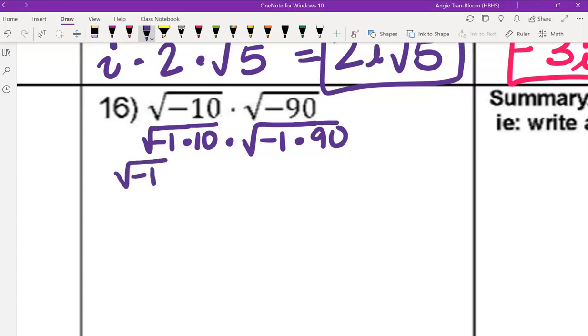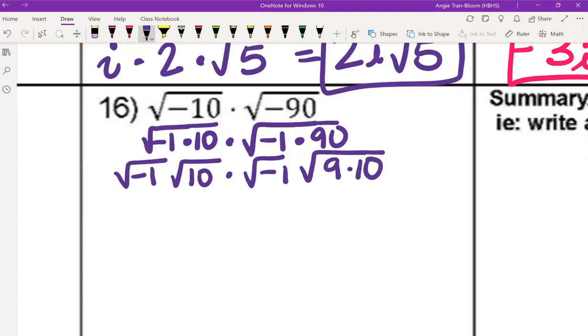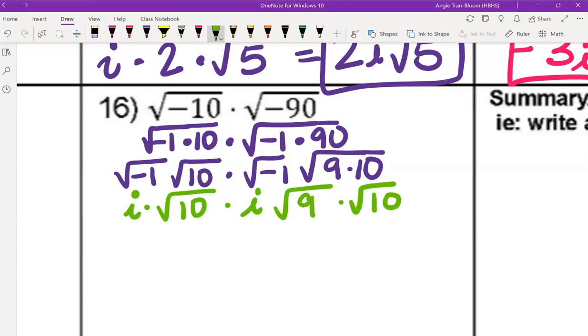Negative 1 under the radical times square root of 10 times square root of negative 1 times square root of 90. But 90, you know that's 9 times 10. All right, so this right here turns into an i. Square root of 10 stays. I'm taking a lot more steps. So this is all multiplication: i times square root of 10 times i times square root of 9 times square root of 10.